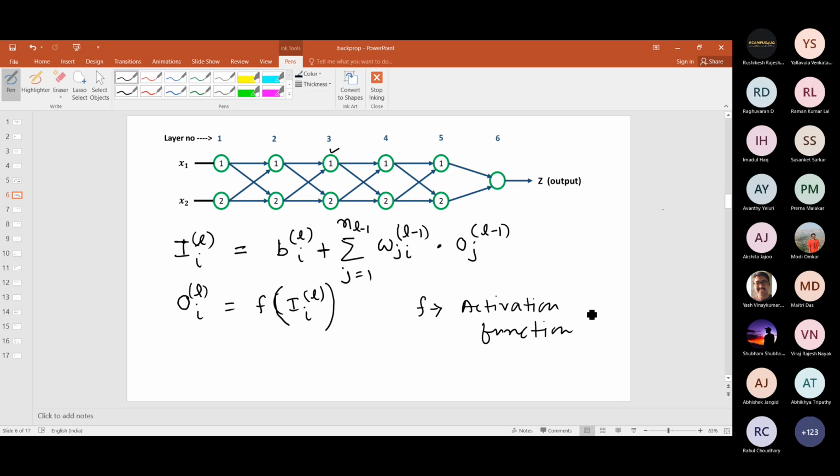This is called the forward pass. Once you have the initial values of W's and B's, and you know the activation function and the sample, you can compute it. But you have to find good values of these parameters, so you need to adjust them a little. That is the whole purpose of backpropagation: how we can find good values of these parameters.